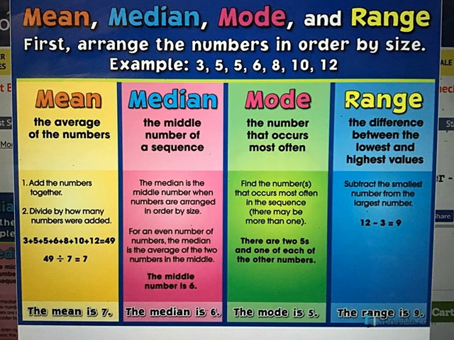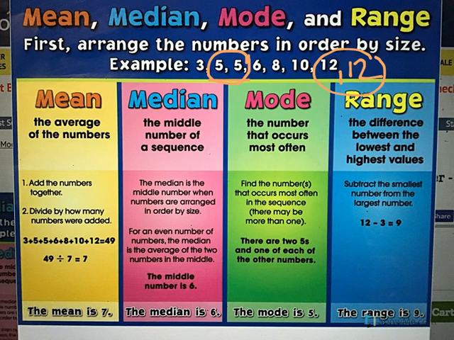Now the other thing that could happen, so if on this example here I have two 5s, what if I had an extra 12? Can I have more than one mode? You can, and on this one, 12 would be our mode, and so would 5. So again, sometimes you can have one mode. Sometimes if there's no mode, if all the numbers appear the same amount of time, you're going to write no mode.